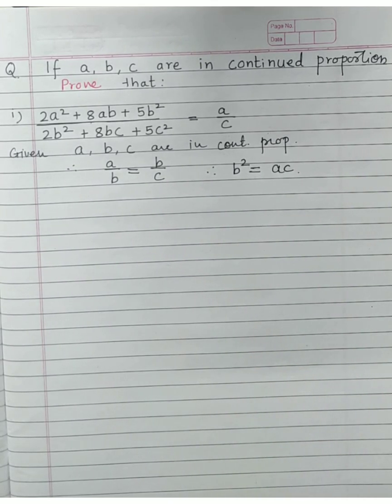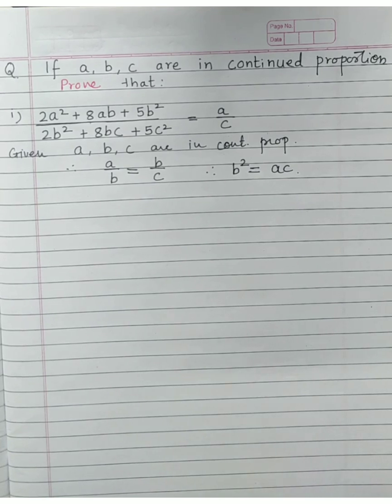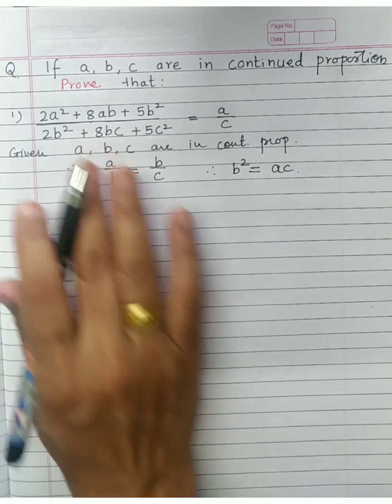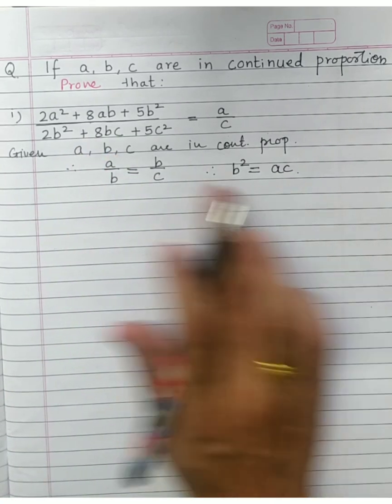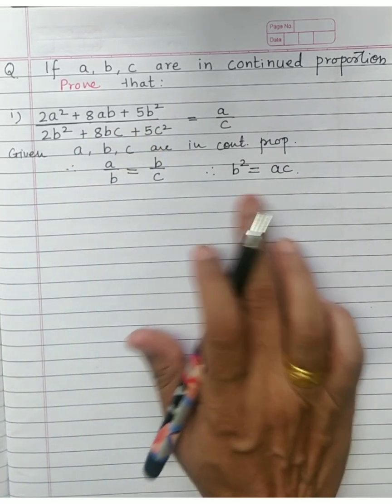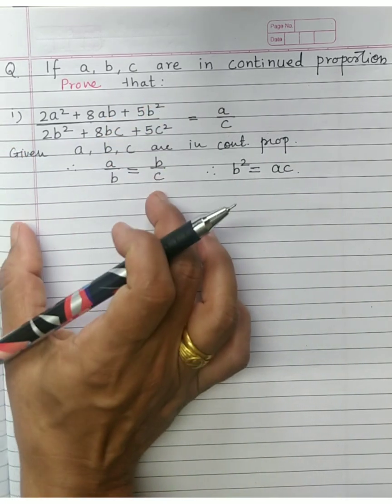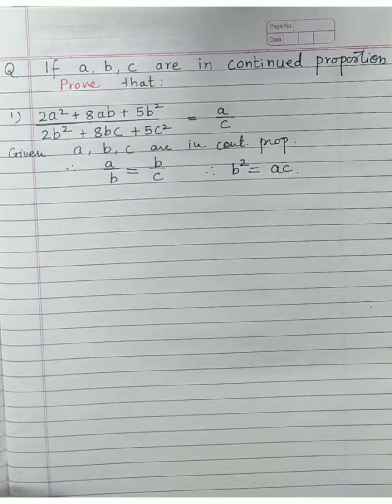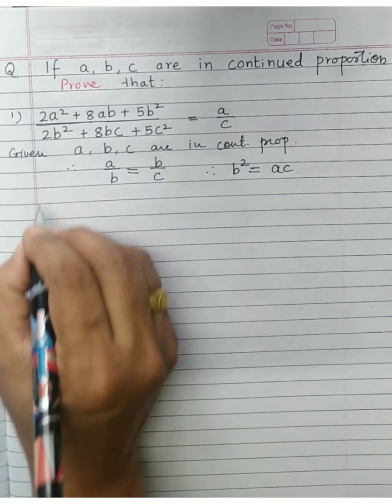Got it? Now, since we have to prove, I shall start with left hand side. There I will replace B square with AC. B square is available here, no? So I will replace it with AC. And I shall show that LHS becomes RHS. So let's see how do we do it.